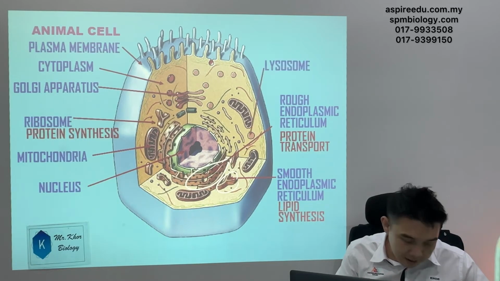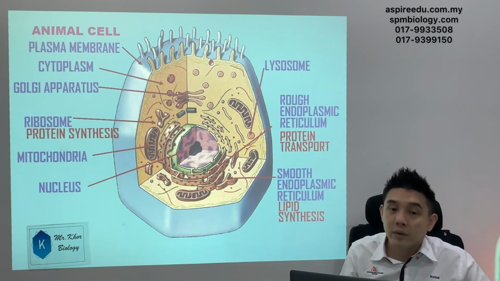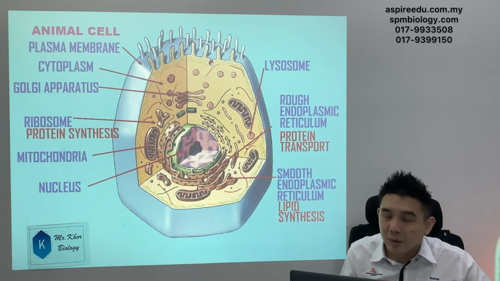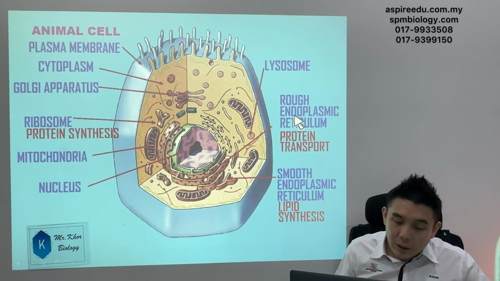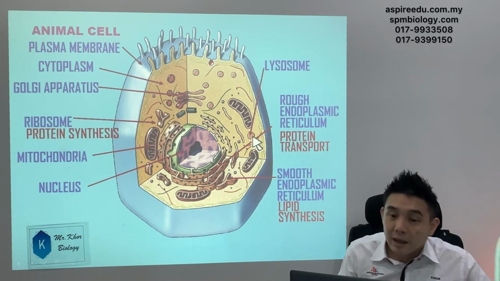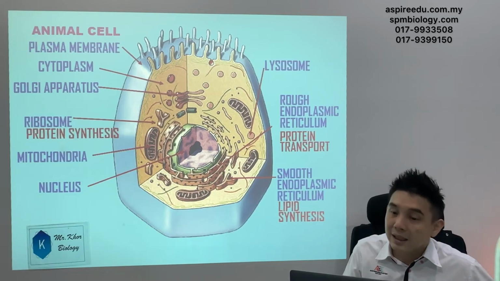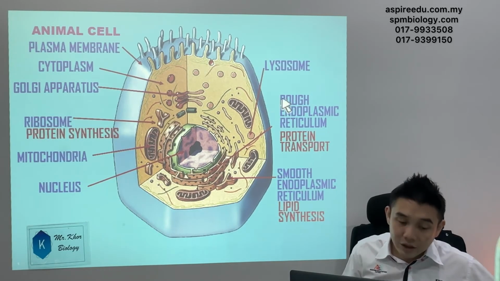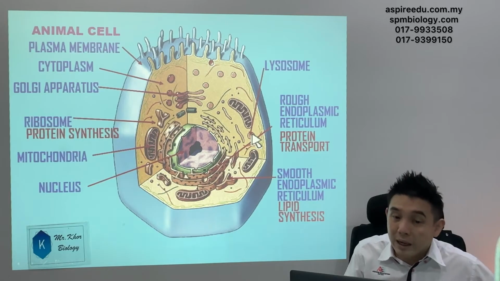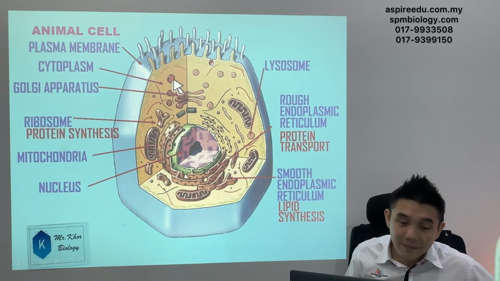Alright, last one for the moment is lysosome. What color do you notice here? Guys, lysosome, what's the color? Orange. Okay, what else looks orangey here? Actually, this is Golgi apparatus.